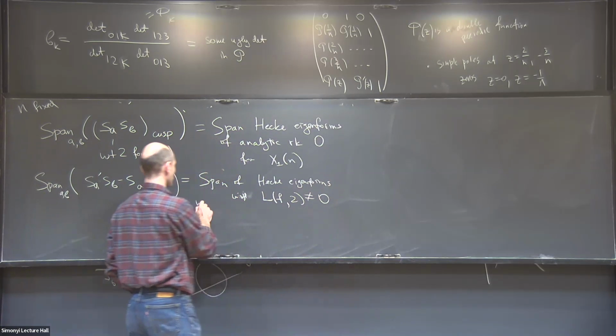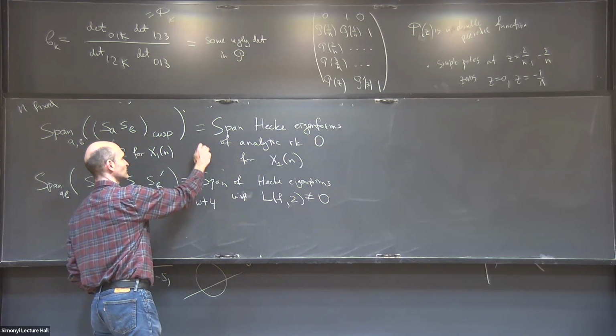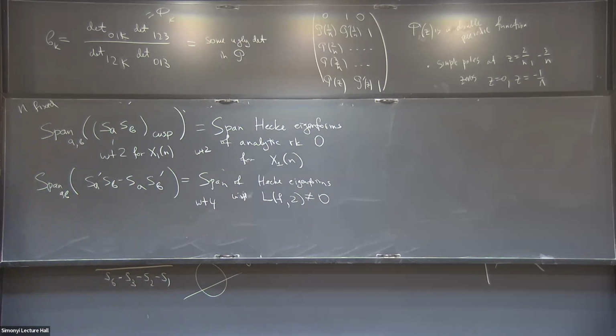Now this is weight 4, while these are weight 2. They have strange number theoretic properties, which are traditionally addressed through analytic methods like the circle method, which I know nothing about. But I'm hoping that some algebraic methods would give you some bounds.